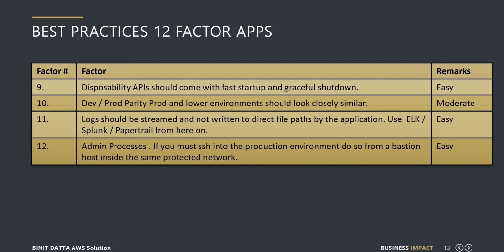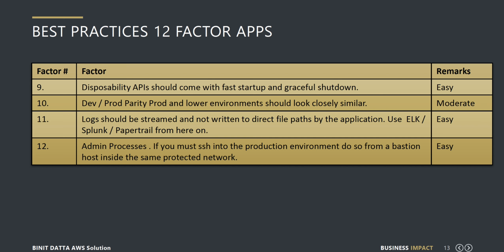11th one, logs should be streamed and not written to direct file paths. Why? Because as I said, in the cloud environment, the file storage devices are as vulnerable as the VMs. So your application should not have knowledge of the file path it is writing to, because if that goes, then your application also becomes vulnerable.